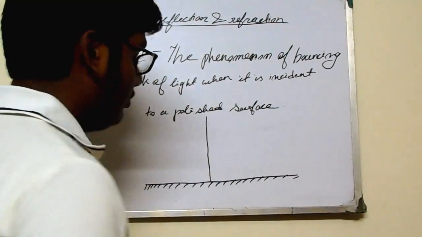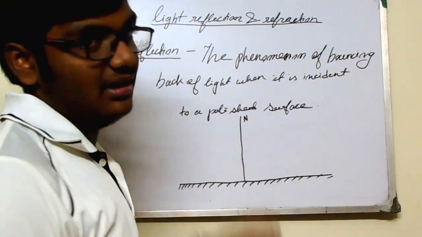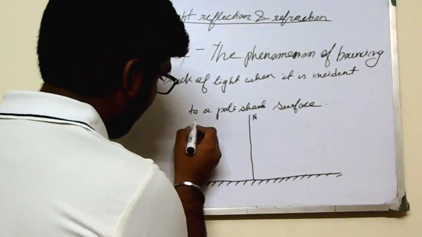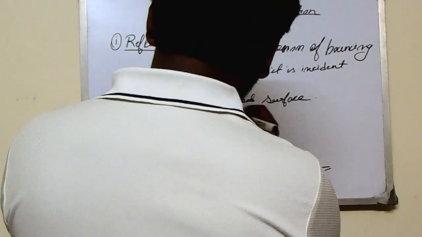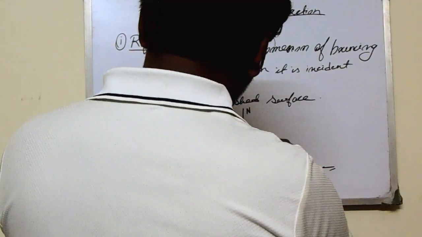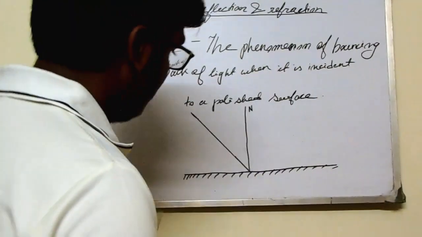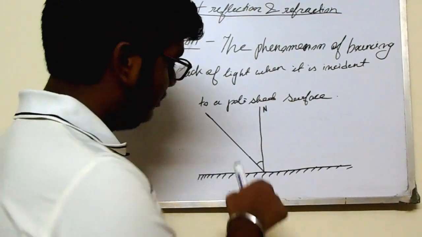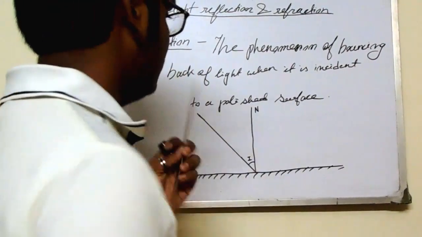A line perpendicular to the polished surface is the normal. It is denoted by N. The incident ray is coming, and it forms an angle with the normal. This one is known as the angle of incidence.